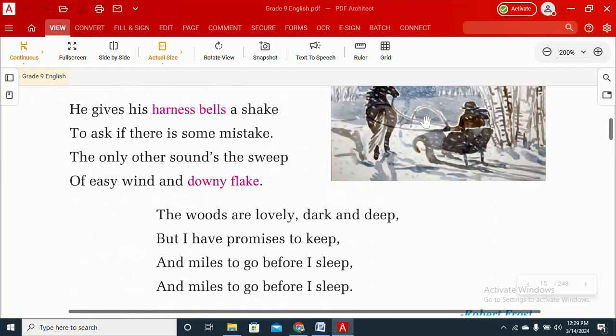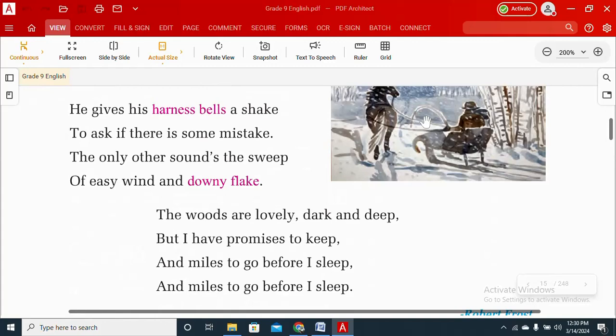He gives his harness bells a shake, to ask if there is some mistake. The only other sound's the sweep of easy wind and downy flake. In the third stanza, though the horse cannot utter a word or communicate with his master, the speaker can feel its emotions, and they can understand the emotions of each other.